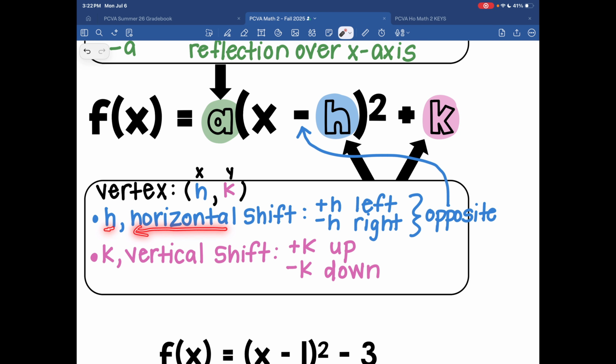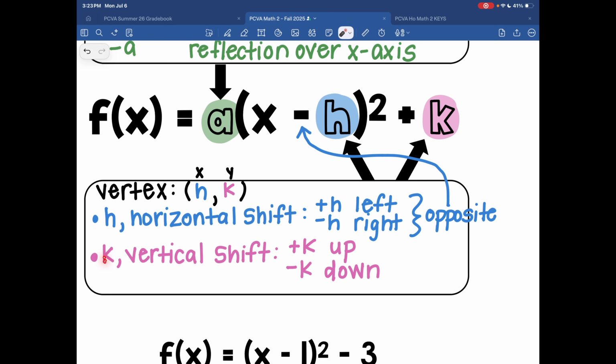Horizontal means left to right, so we're going to slide the graph over. And remember, because of this negative right here, these are opposites. So if I have a plus h, that actually means we're going to the left. It's the opposite of what you think, because originally it would have had a minus there. If I have a minus h, that means we're going to the right.